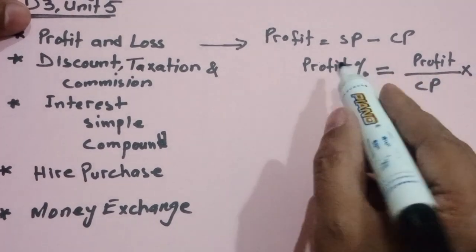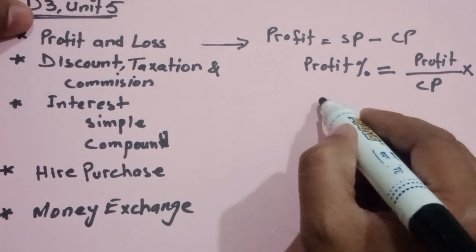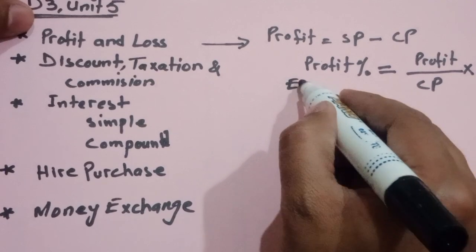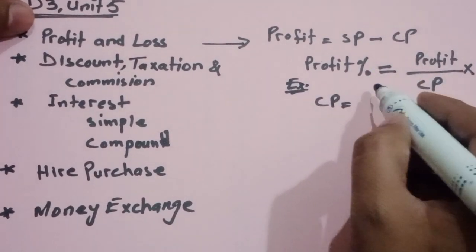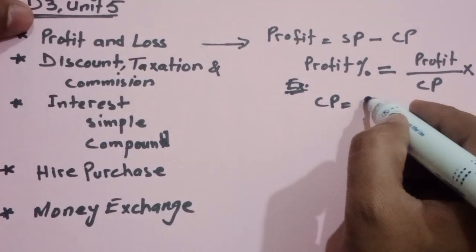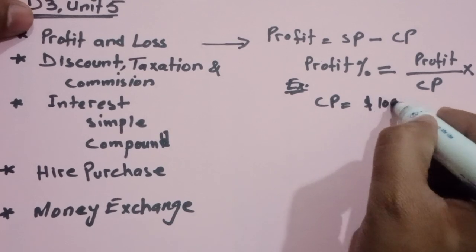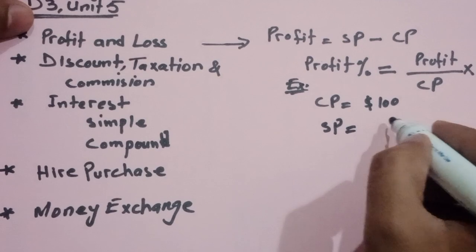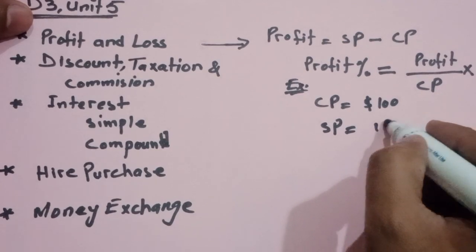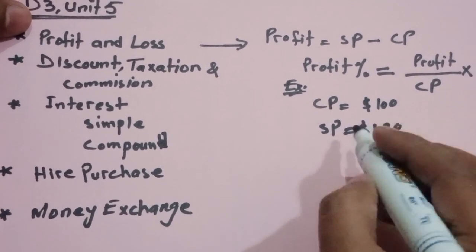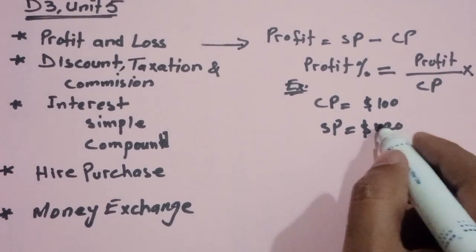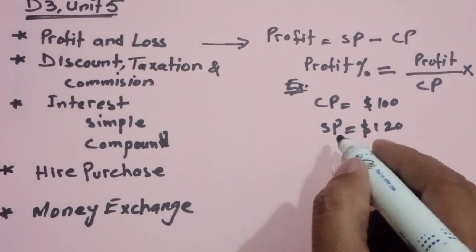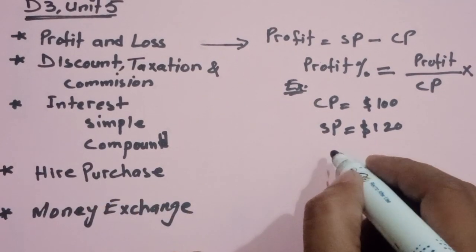For example, if you buy a product and the cost price for that particular product is $100, whereas you sold that product for $120, that means your sale price is more than your cost price, so you are having some profit.